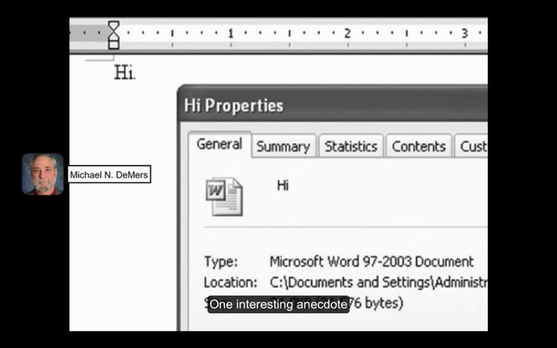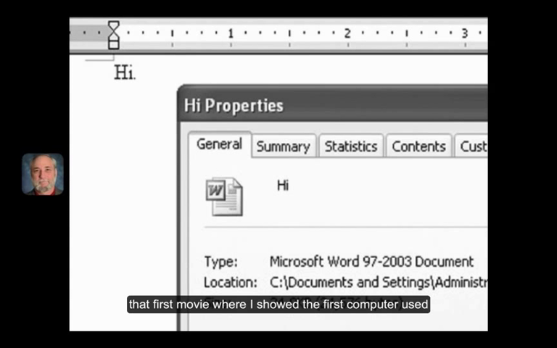One interesting anecdote illustrated by this slide refers back to that first movie, where I show the first computer used in the early development of the Canada Geographic Information System. It showed the computer with a very limited memory, based on kilobytes, and most people today think in terms of gigabytes or even terabytes.